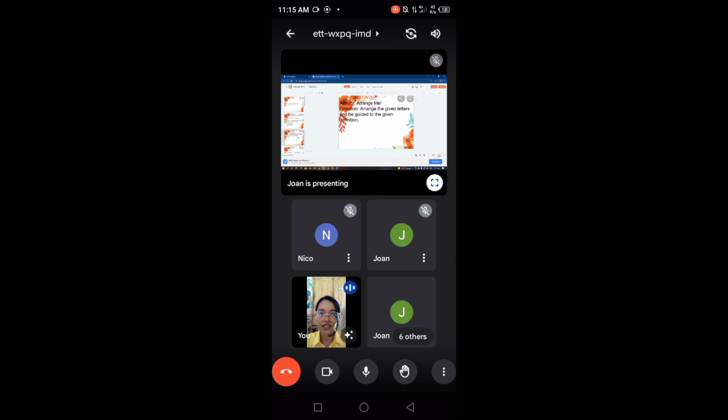So this activity is titled Arrange Me. Direction: arrange the given letters and be guided by the given definition. You may use the chat box for your answers. Question number 1: provide protection for the cell.